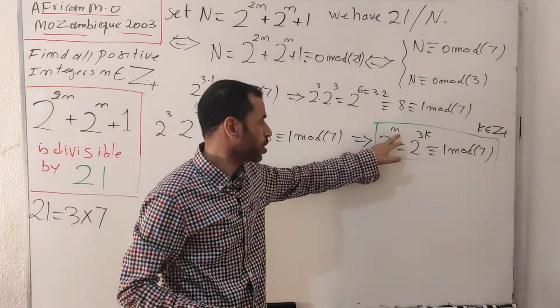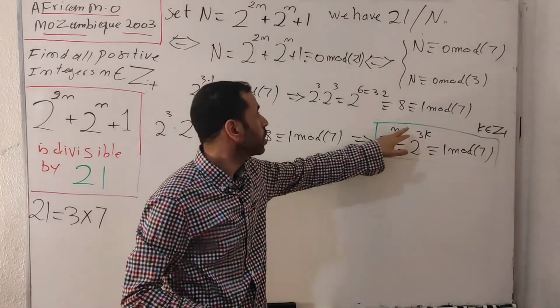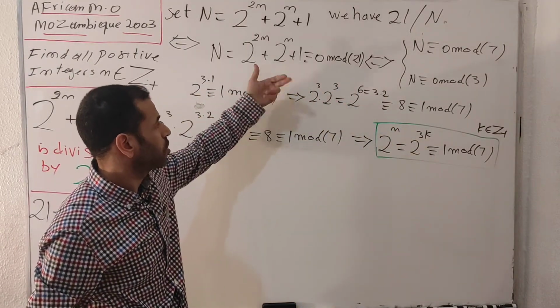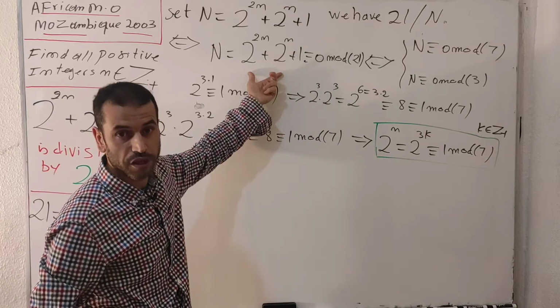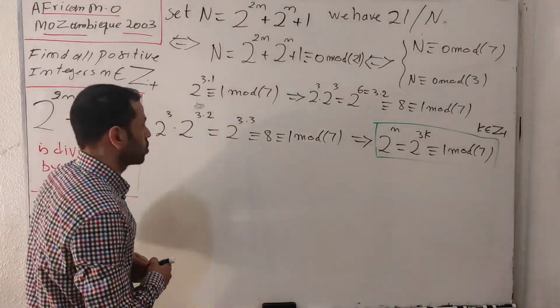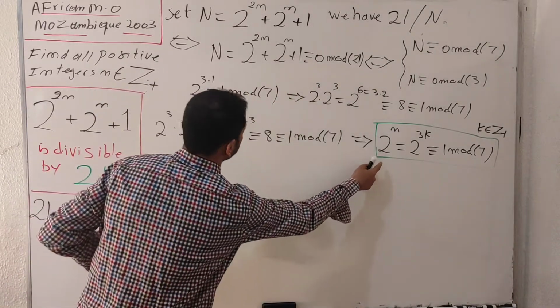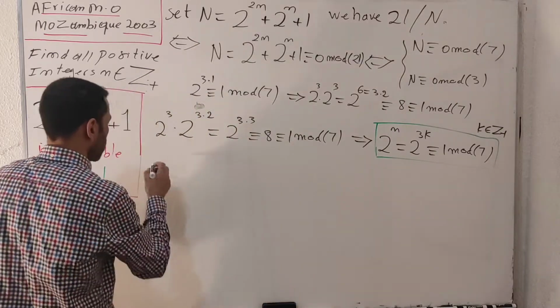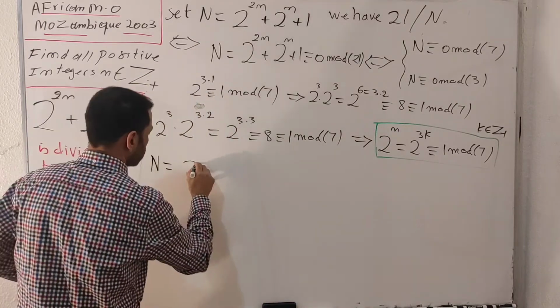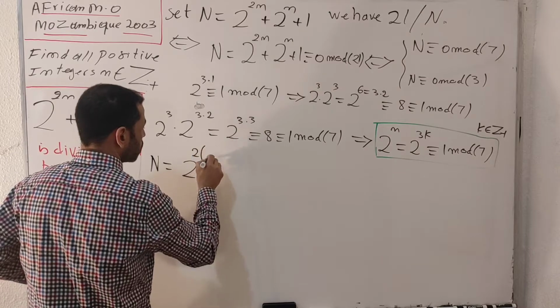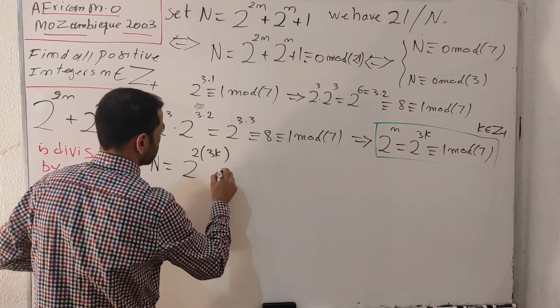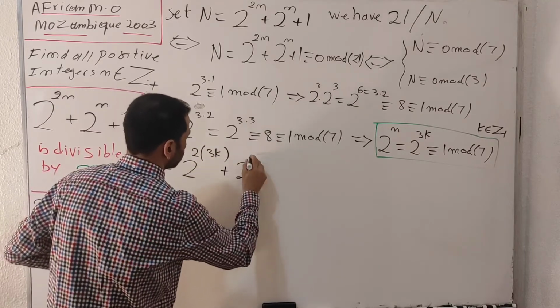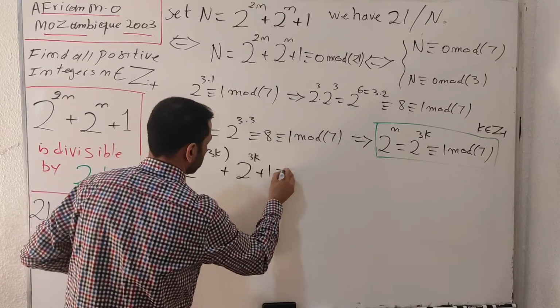I'm going to check whether n equals 3k provides this divisibility or not. So I replace n with 3k in this setup. We have capital N equals 2 to the 2 times 3k plus 2 to the 3k plus 1.